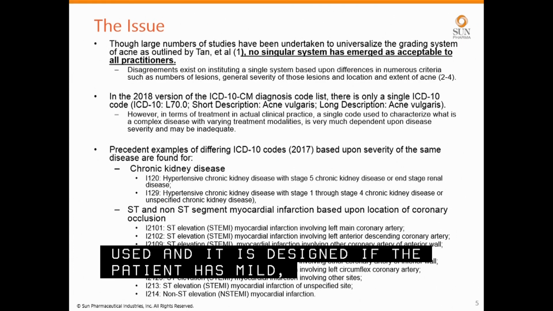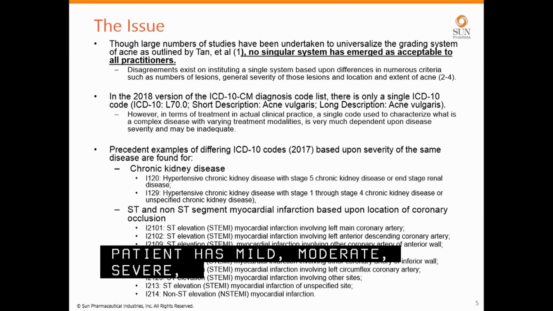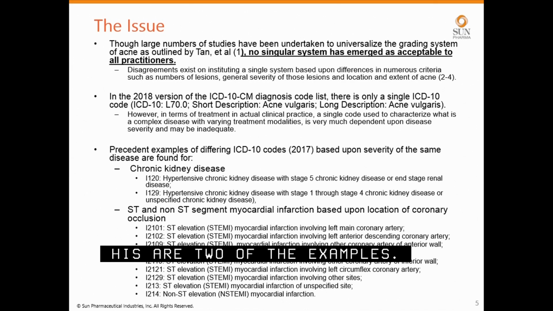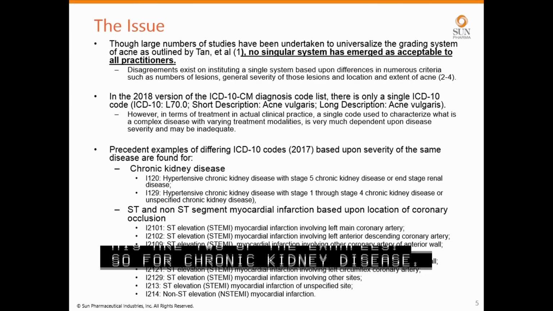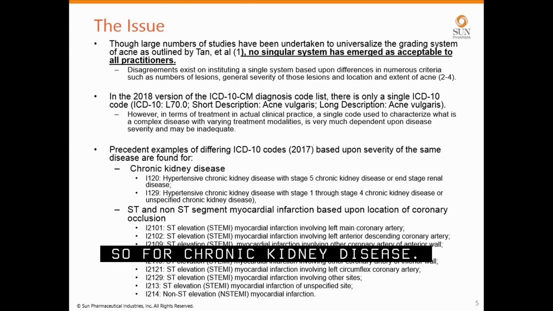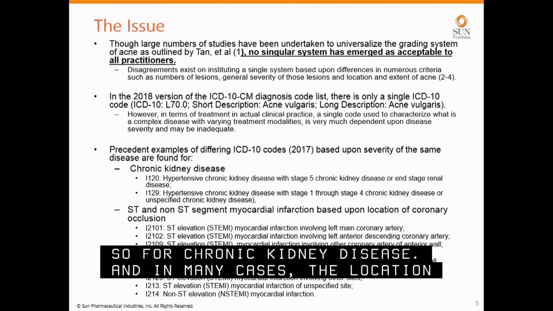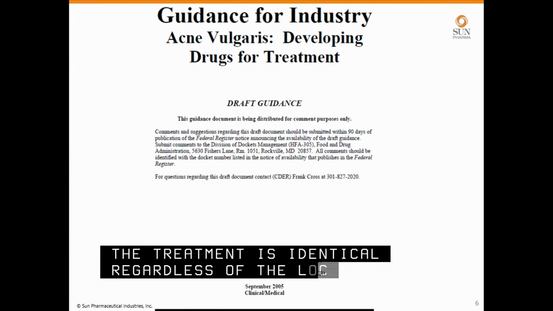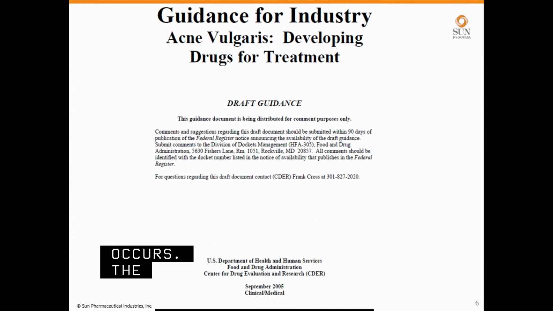These are just two examples where severity of a disease has led to differential coding within the ICD-10 code: chronic kidney disease, and ST and non-ST segment myocardial infarction based upon location, even though in many cases the treatment is identical regardless of where the myocardial infarction occurs.